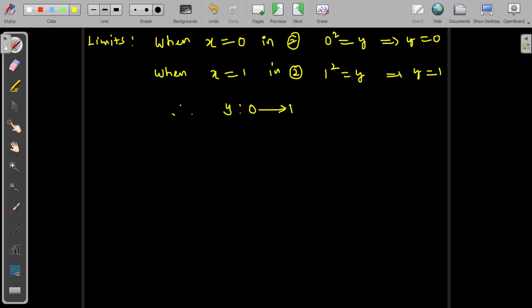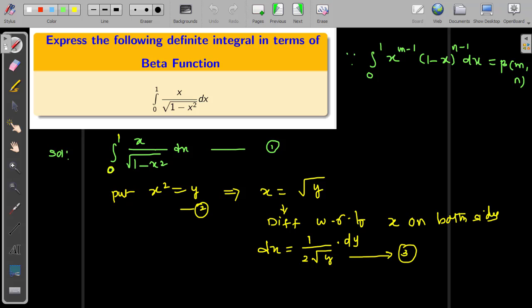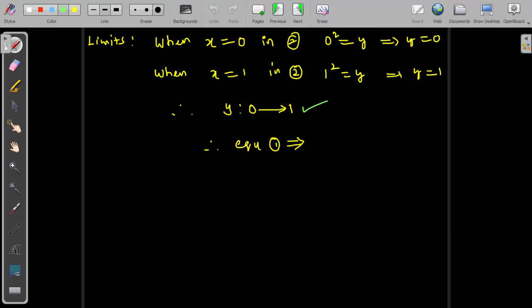Therefore, now equation 1 implies we have to substitute the y limits and equation number 2 and equation number 3 in equation number 1.